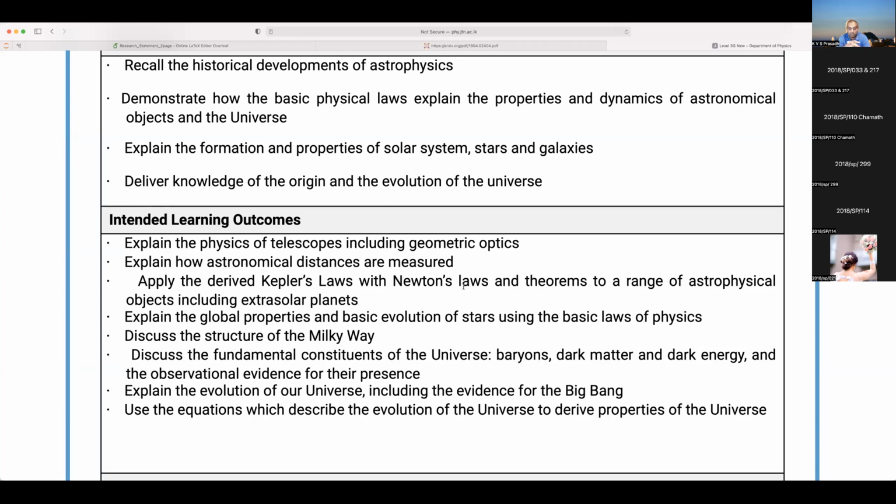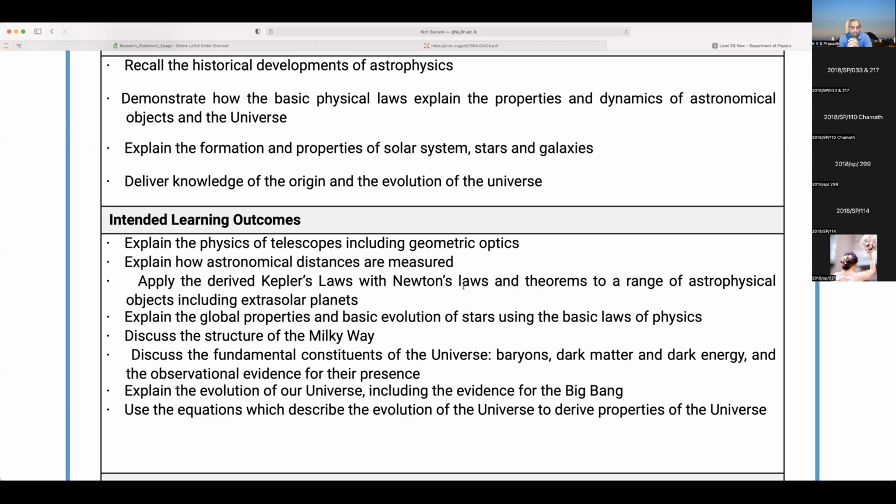How we are made up from those particles, and about dark matter and dark energy. For example, what dark matter is, what dark energy is, what the difference between dark matter and dark energy is, and why these things are important. So we will learn all these things towards the latter part of your course.